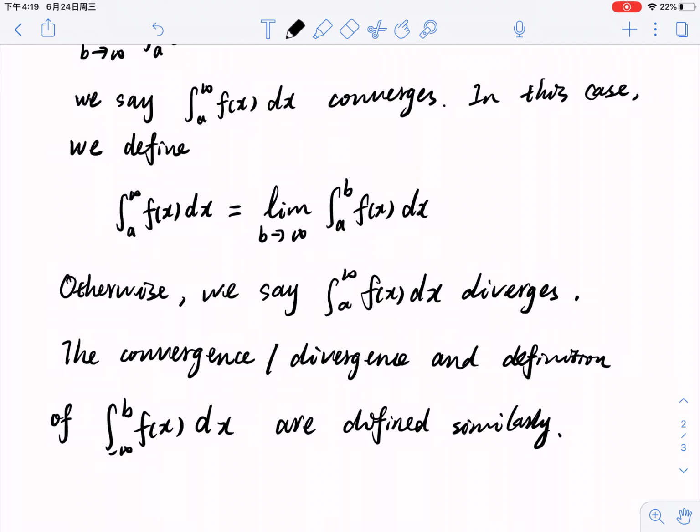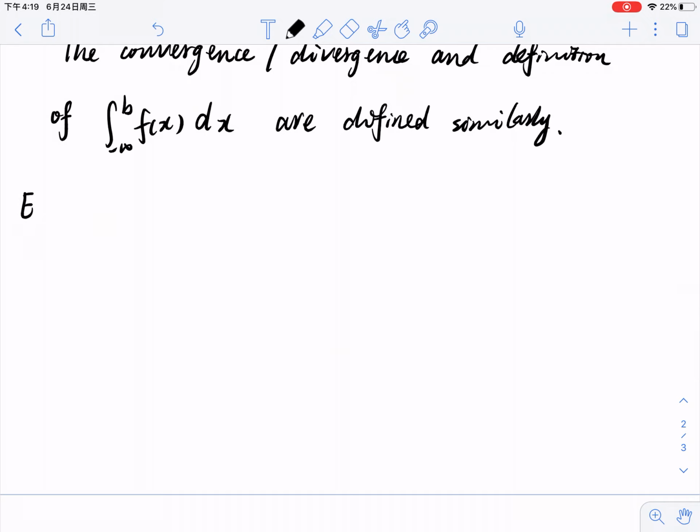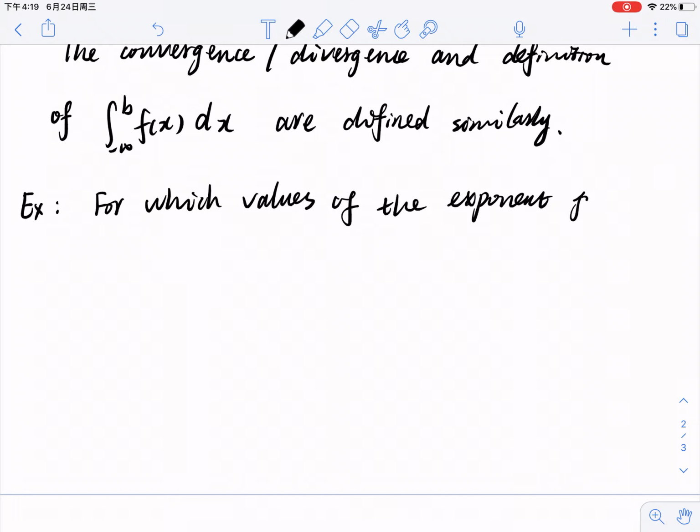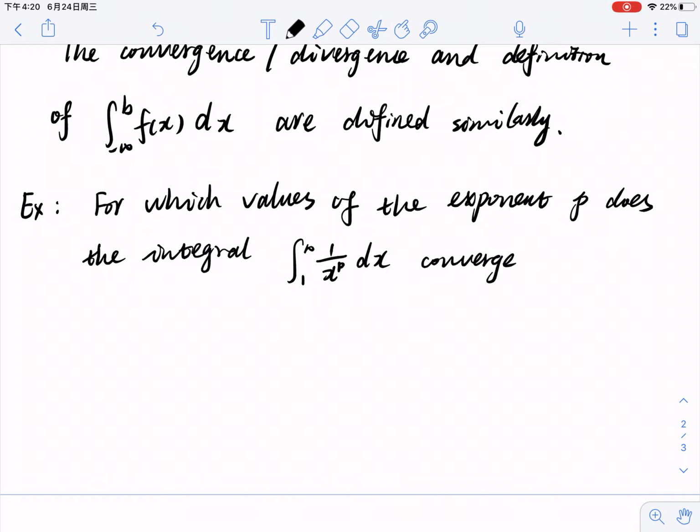So next, let's look at an example. Determine for which values of the exponent p the integral of 1 over x to the p, from x equals 1 to infinity dx, converges or diverges.